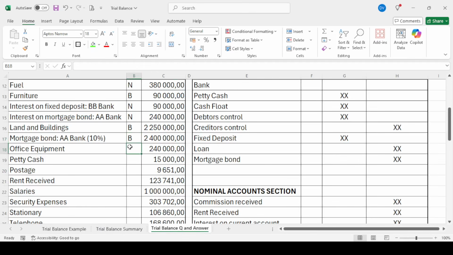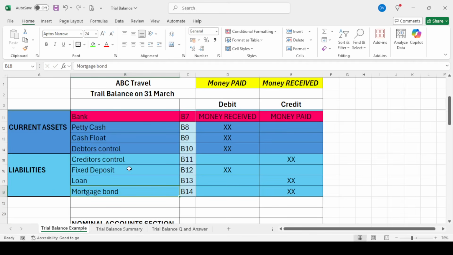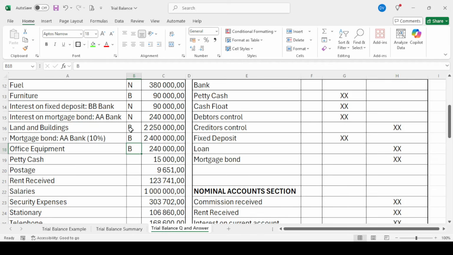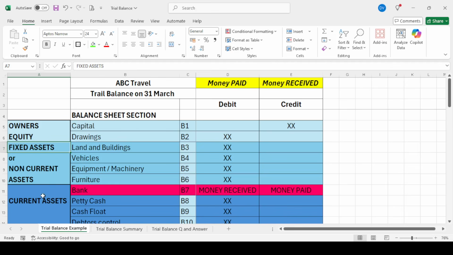Office equipment will also be a B account. I'll show you here again. Equipment or machinery. So something like a big printer or printer copier, anything that you need for the office, it's a fixed asset that you bought. Petty cash falls under our B account, because remember, it forms part of your current assets. There you go, petty cash.